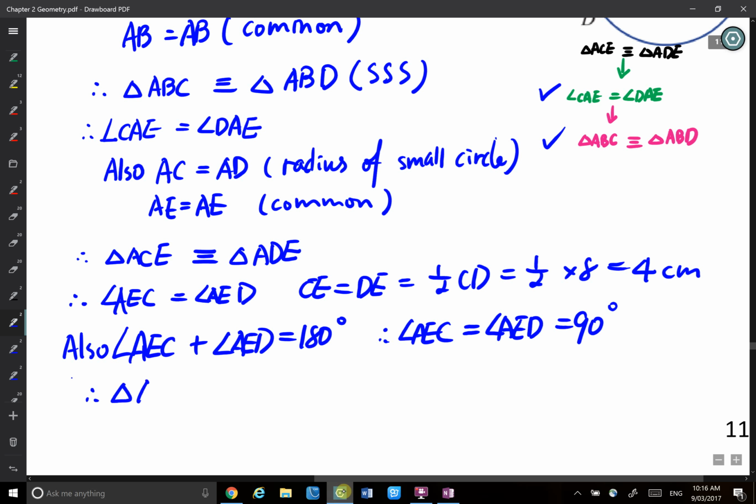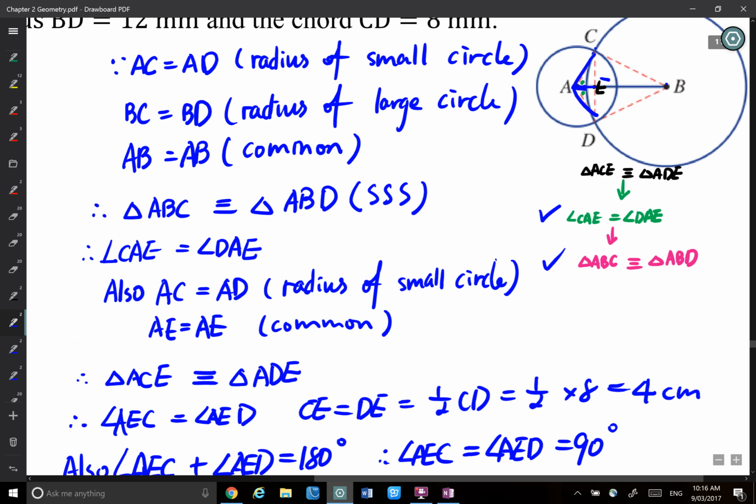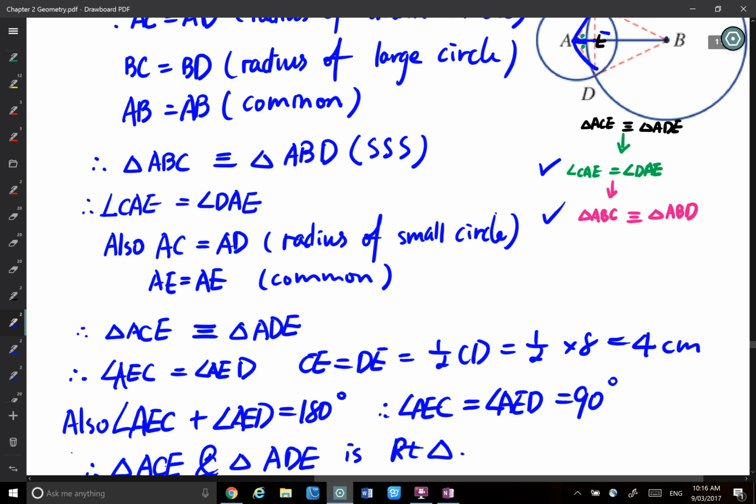So triangle ACE and triangle ADE are right angle triangles.